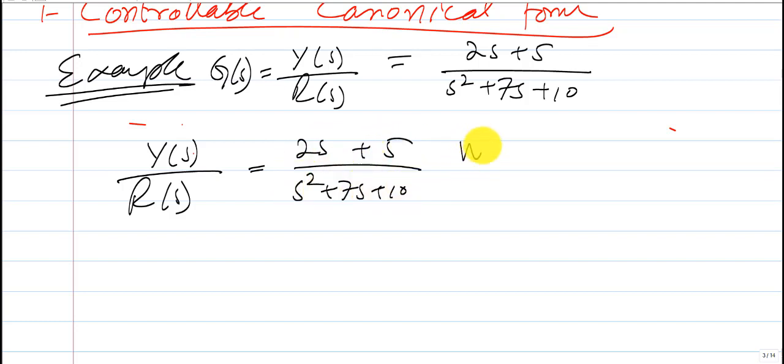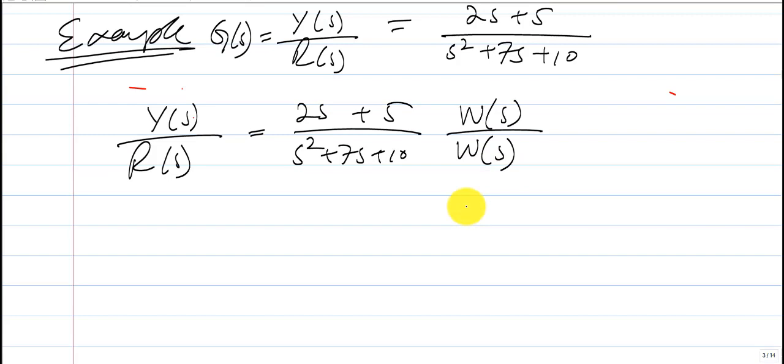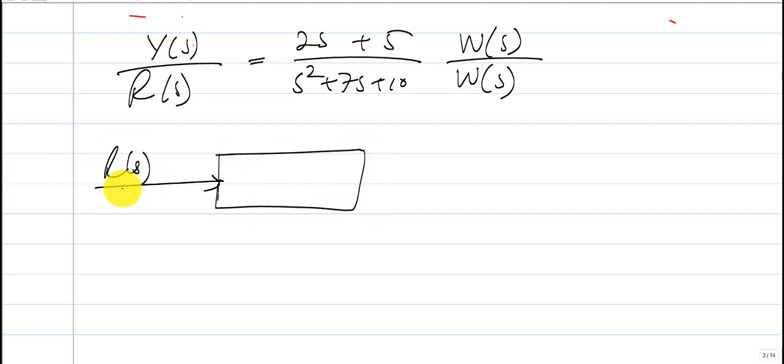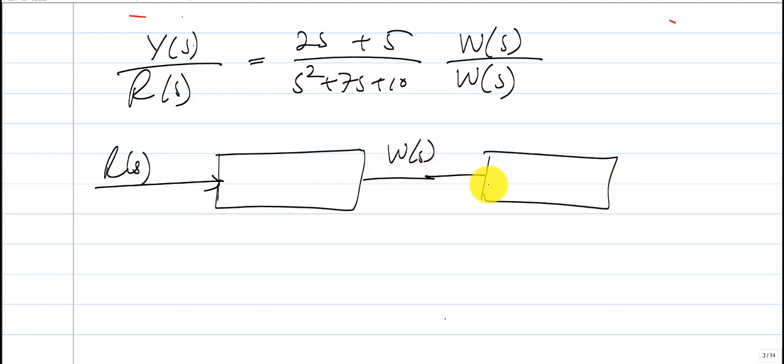So we will multiply it by 10 over and divide by W(s), which is just a random transfer function. We will draw it in a block diagram to make it more interesting. Here we have R(s), then W(s), and then this Y(s).